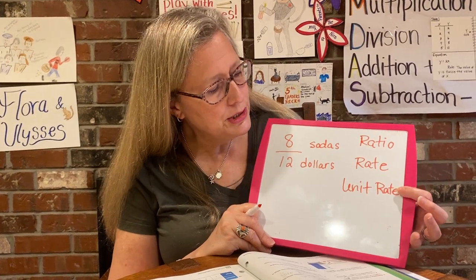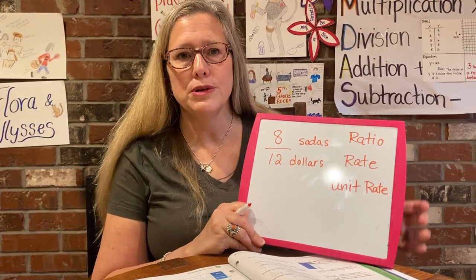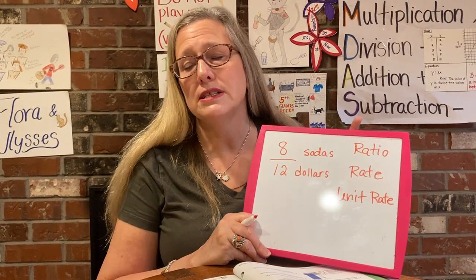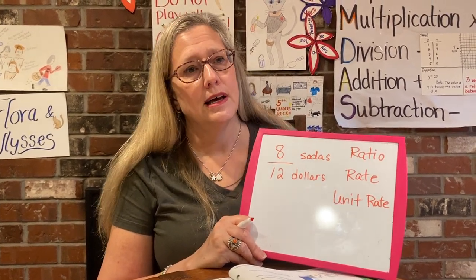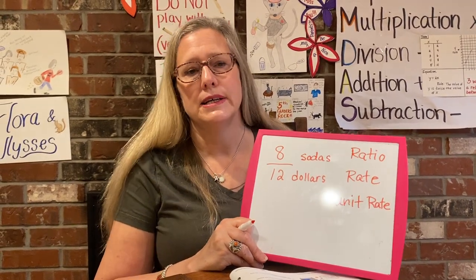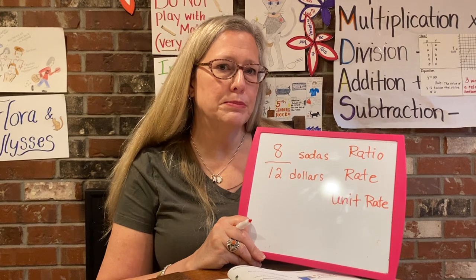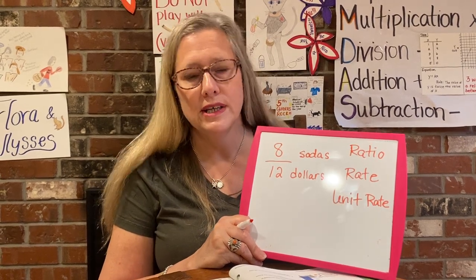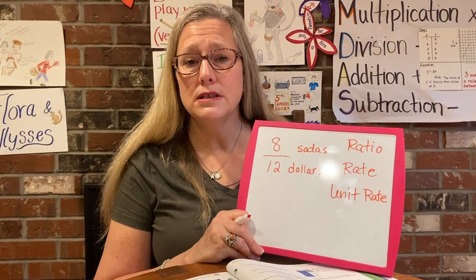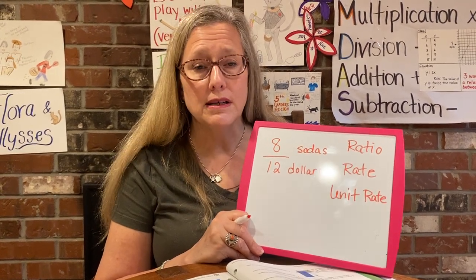And then a unit rate is when you're looking for the one of something. So how long does it take you to go 1 mile? How far can you walk in 1 hour? How many bananas can you get for $1? Things like that. Or how many dollars does 1 banana cost?